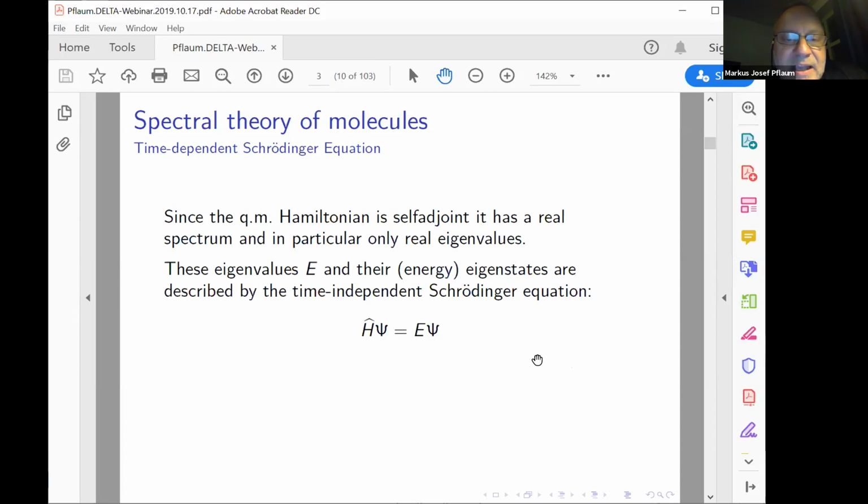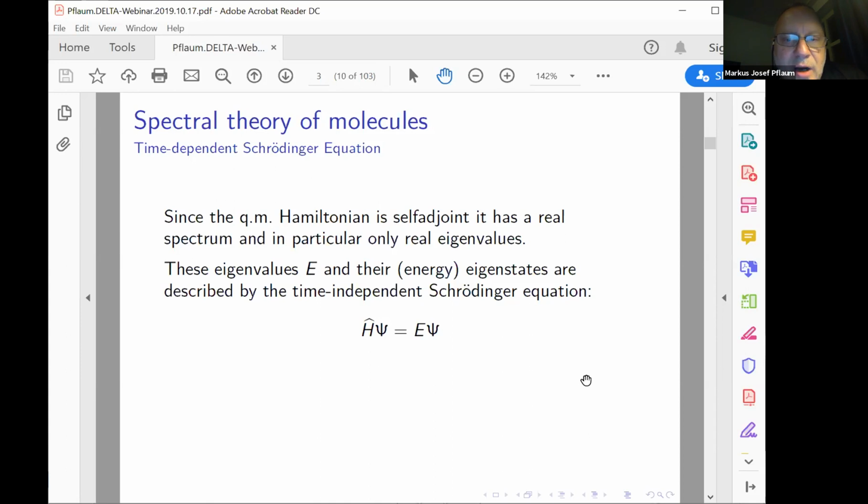One should be a bit careful because this is only part of the story. It's actually thinking in finite dimensional terms, but the Hilbert space is infinite dimensional. But I will sweep all of the mathematical subtleties under the rug.